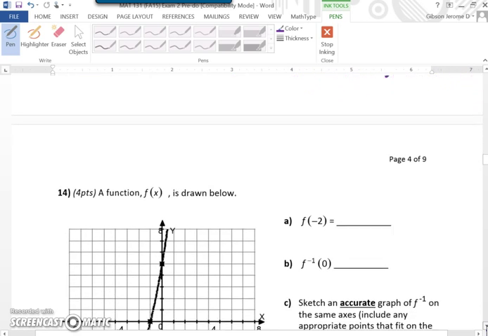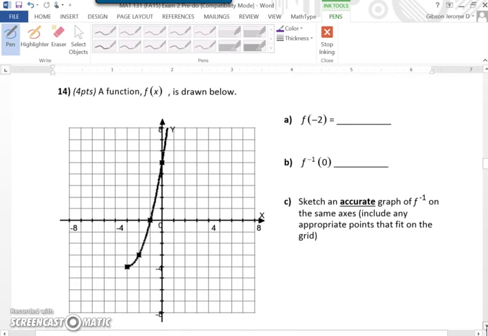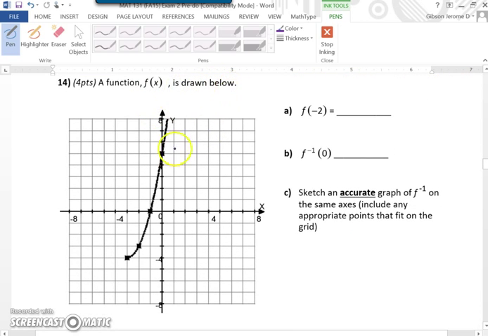Okay, now we go to page 4. It says a function f of x is drawn below, which we have here. So we have f of negative 2. That means we go where x is negative 2, which is here, and then we find what y is. Y would be negative 3. Now it says B, f inverse of 0.